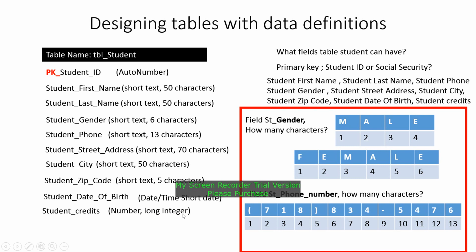Integer means it's a whole number, like 1, 2, 3, 4, 5, 6, 100, 1000. And if it's not an integer, it can be double. Double means 5.2, 5.3, 5.55, 6.75, when you have decimals after the point.